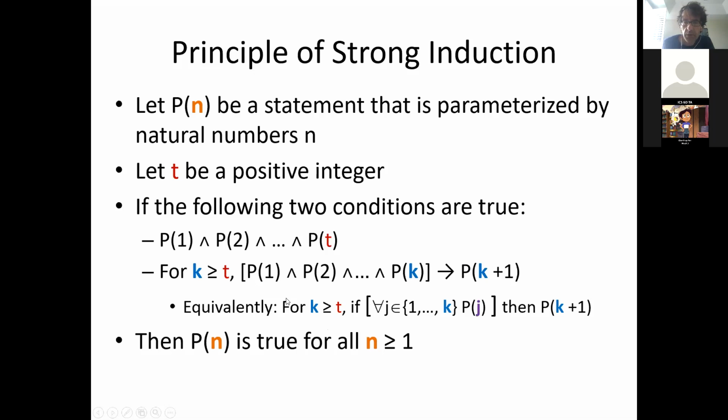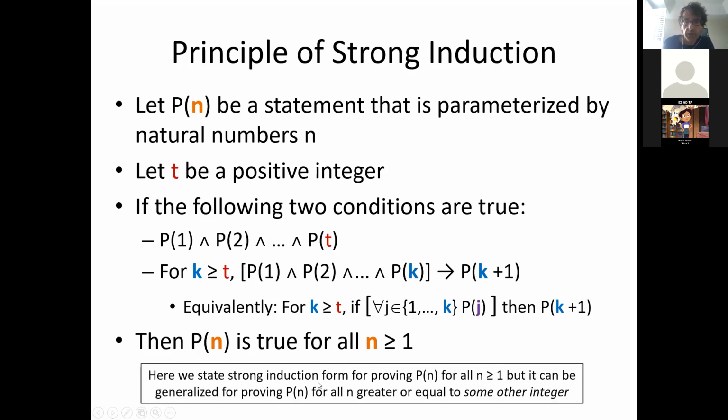Now just note, I can write this implication a little faster. For all k greater or equal to this threshold, for all indices in the range, if the predicate holds on them, then it holds about 1 more than the end of the range.